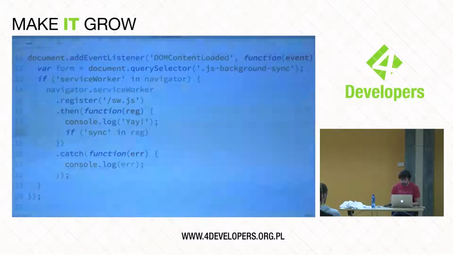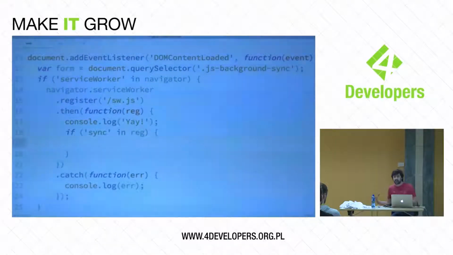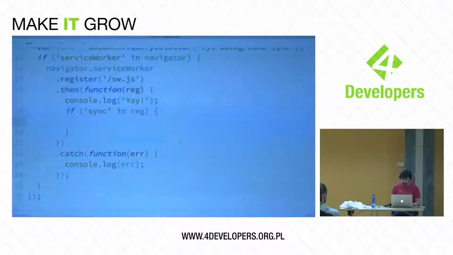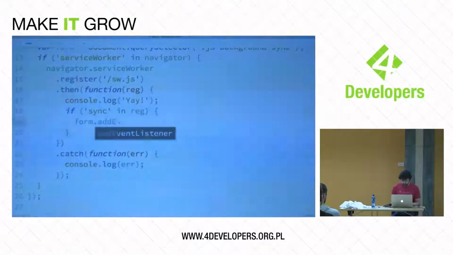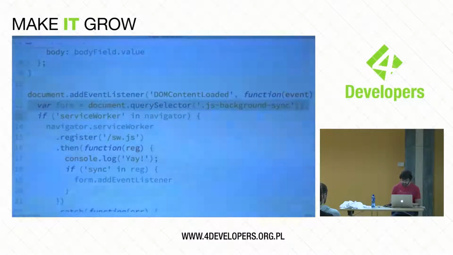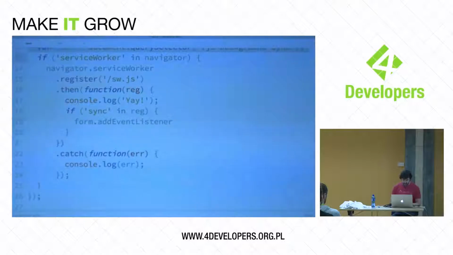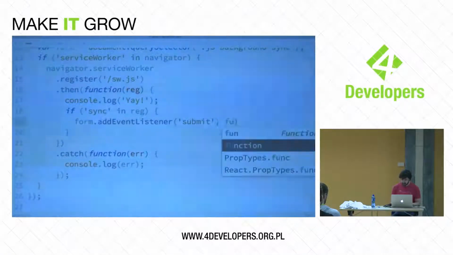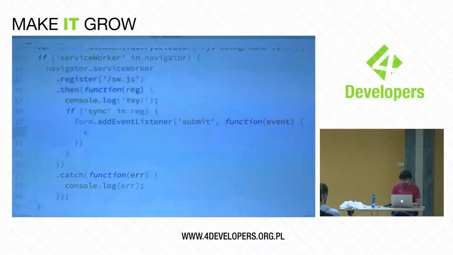This is the service worker registration. And sync is the background sync API that we're going to get to eventually. If this doesn't exist, we don't want to do anything with it. Now we have a form, which I got earlier. And we're just going to add an event listener to submit, and stop that from actually submitting.